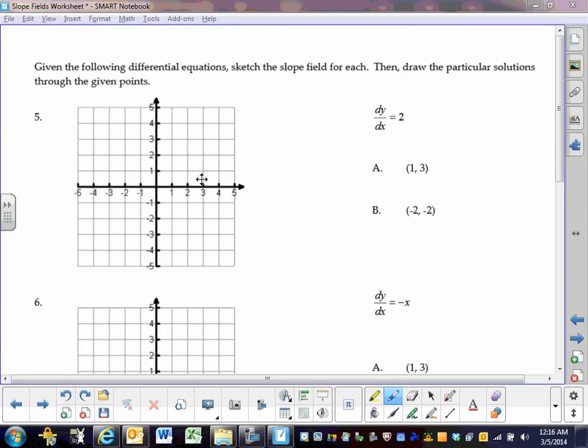Okay, so given the following differential equations, sketch the slope field for each. So if the derivative equals 2, that means the derivative is always 2. So no matter where we are, the slope is always 2.